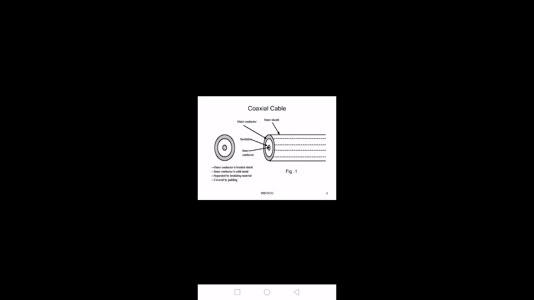This small circle will be the inner conductor, that hollow space is insulation, and the next one is the outer conductor, which is encapsulated by the outer sheath, that may be PVC.